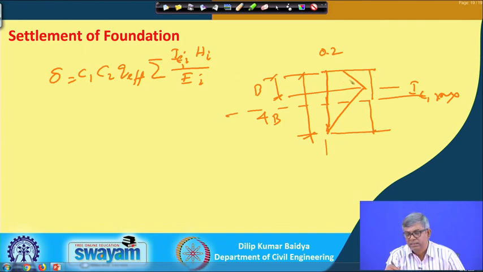So, this area is actually two trapezia, this is one trapezium and this is another trapezium, this area coming under one soil.